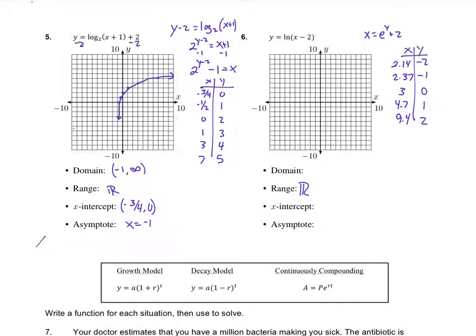Domain is going to be all real numbers. We're going to get x equals 2 for the asymptote, 3, 0 for the intercept. Range is going to be 2 to infinity. And if we plot this, our graph looks like this.